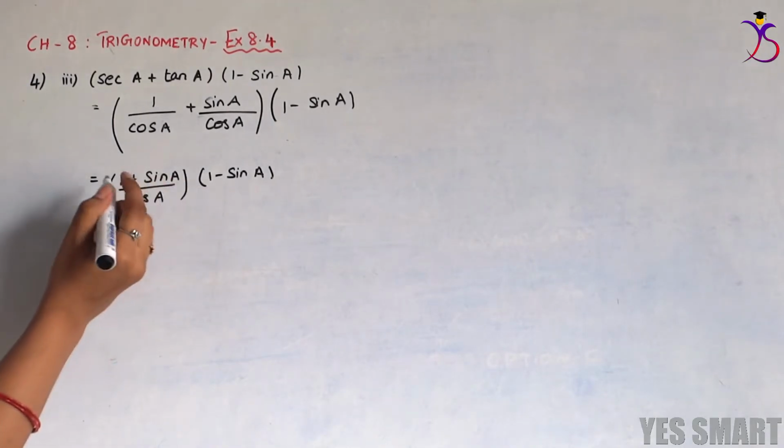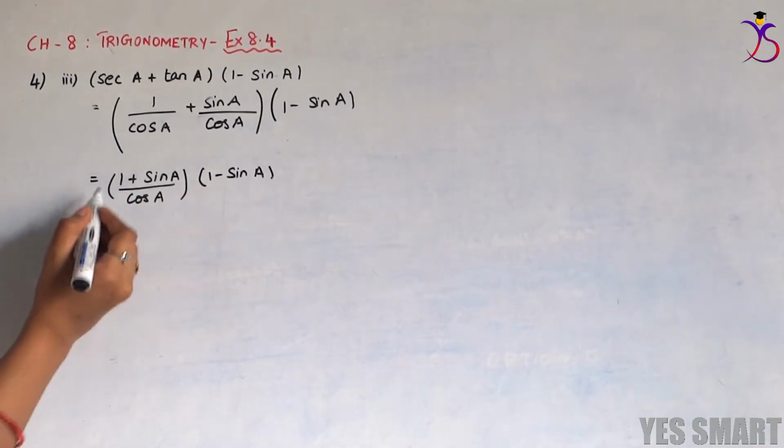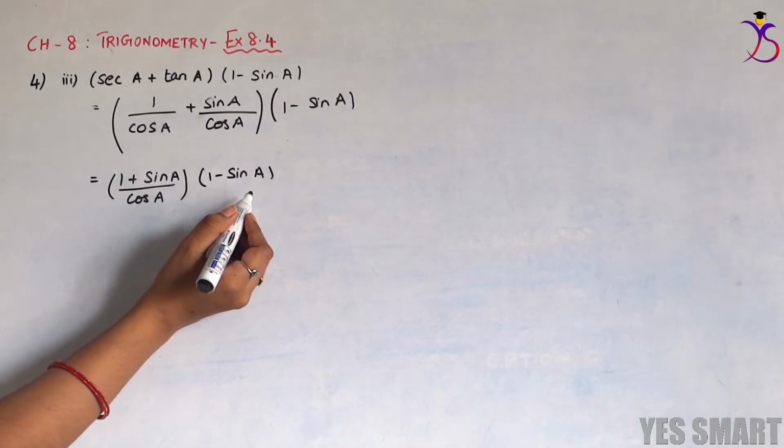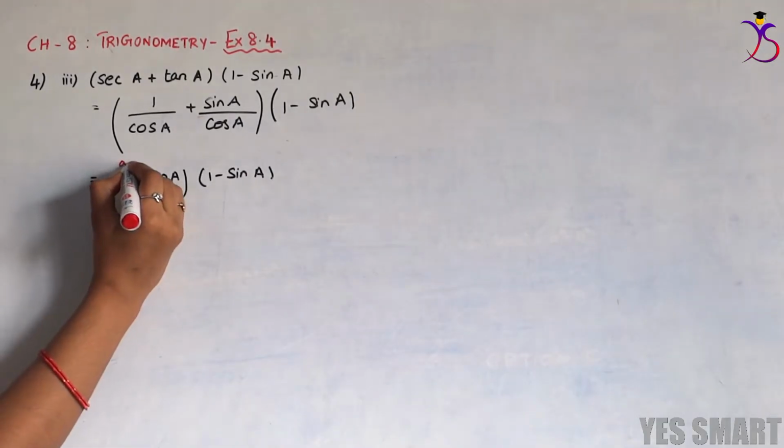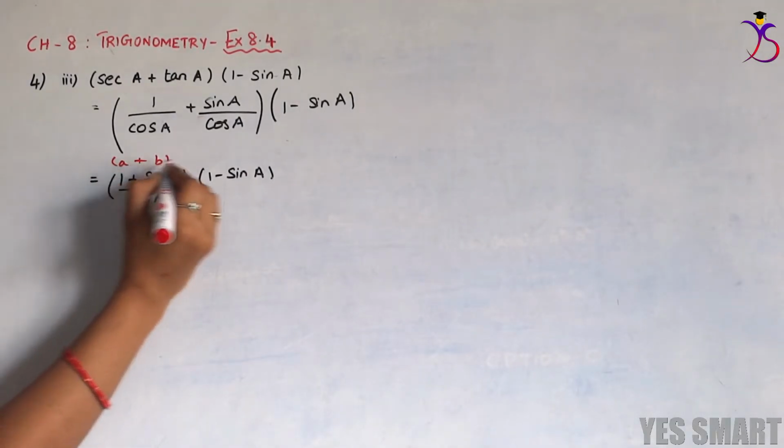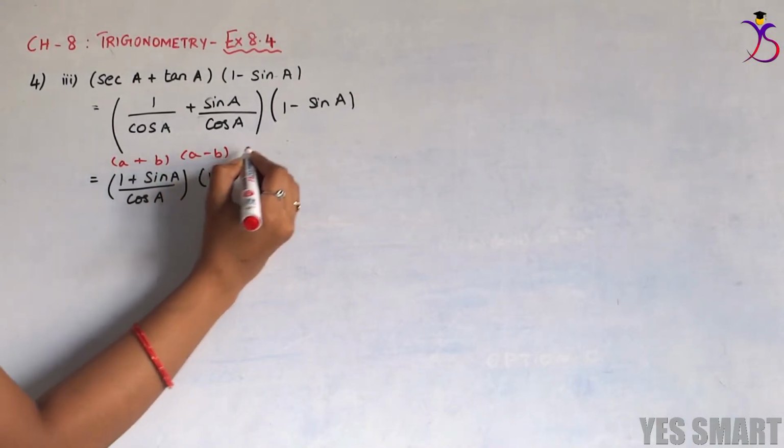Now I'm going to multiply the numerators. The numerator is in the form of A plus B into A minus B, which is equal to A square minus B square.